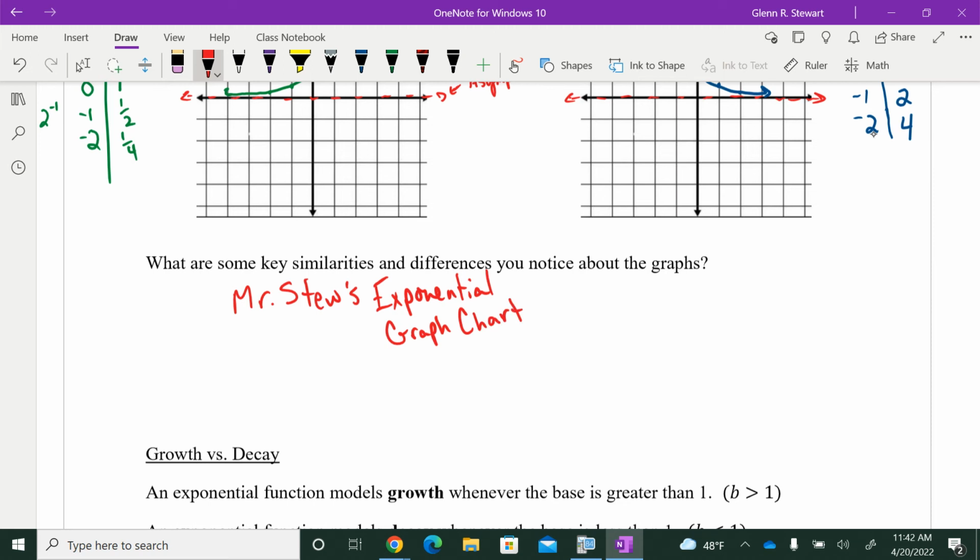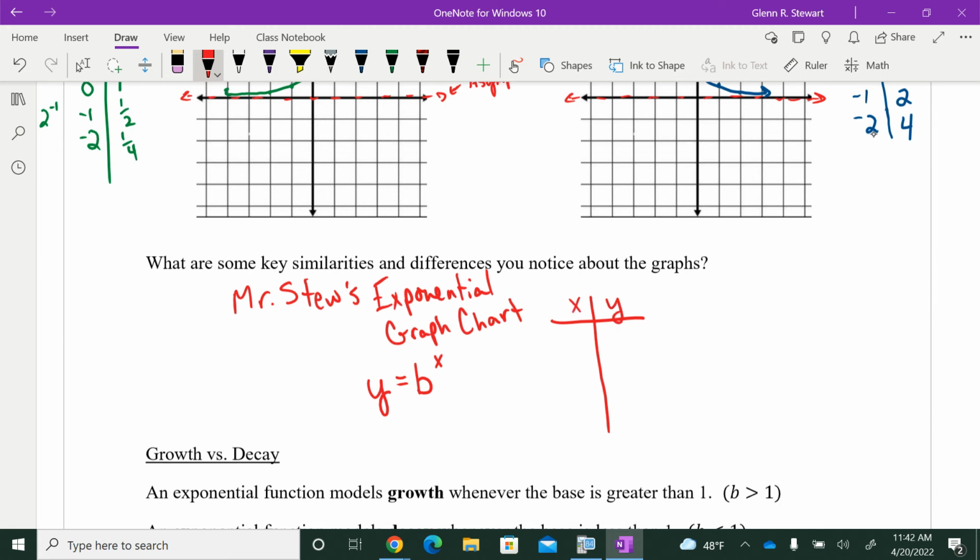If you have the equation y is equal to b to the x, b meaning base. That's your base number. It's all about the base.